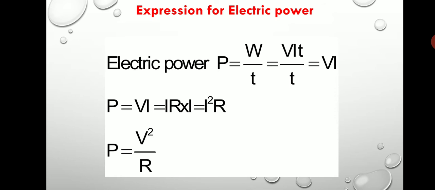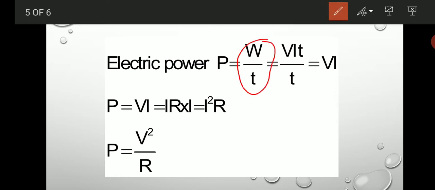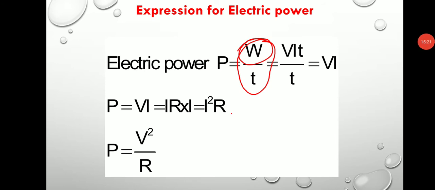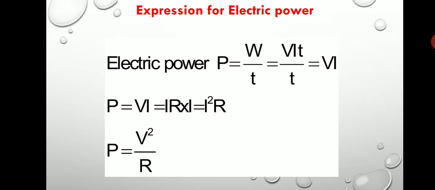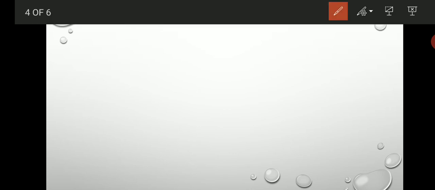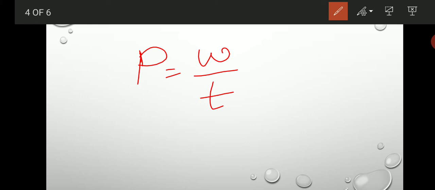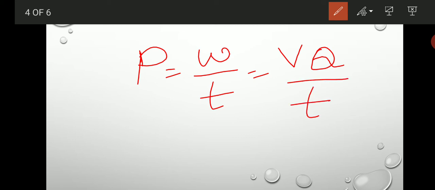So power is nothing but rate of work done, that is work done by T. So in the earlier slide we came to know that work done is equal to the product of V into Q, over T. Now Q over T is what?